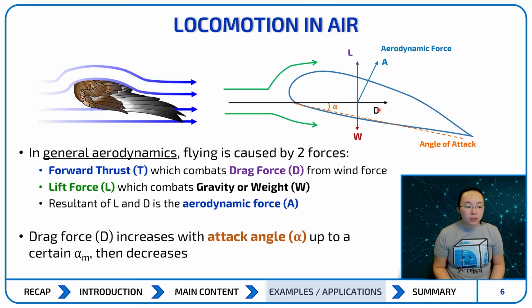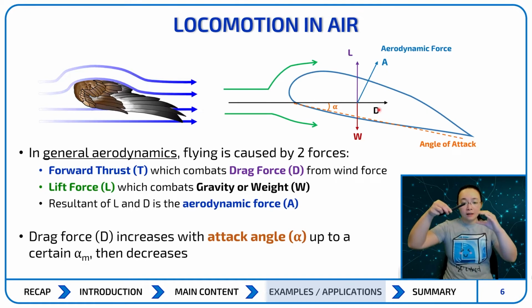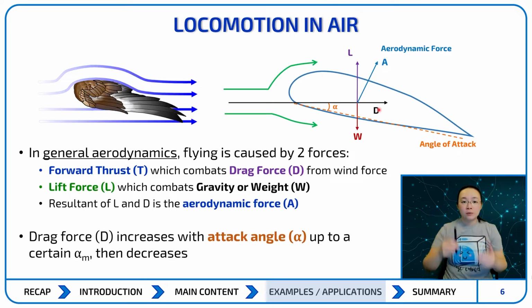A brief comment to mention would be that the drag force D is going to increase with your attack angle. So as your attack angle increases, so if your wing is like this, then your attack angle is just this. It's how far it rotates. The greater your attack angle, the more the wind is going to create a drag force, and the worse it gets for flying.